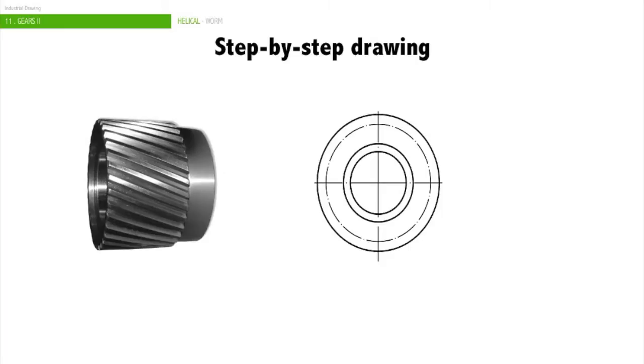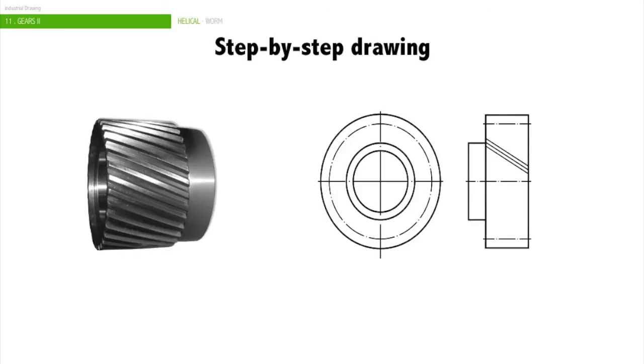Let's see how to draw a helical gear step by step. Let's begin with the front view of the gear. Now let's draw an unsectioned view of the gear, in this case a profile view.